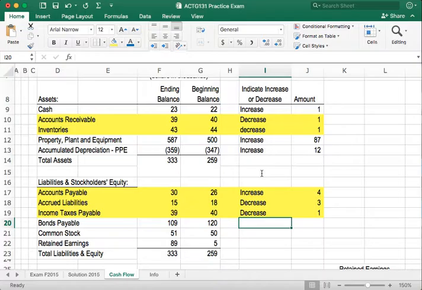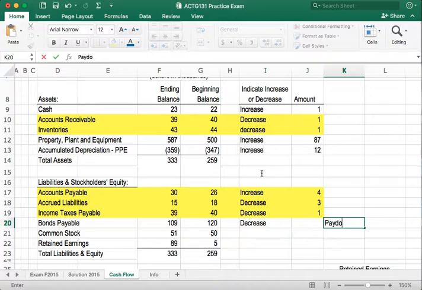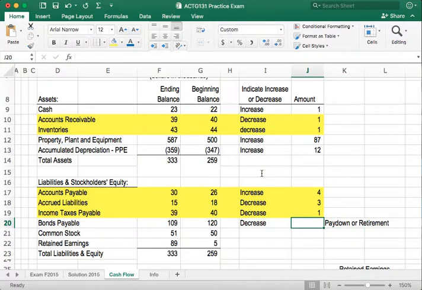They're moving from 120 to 109. That's a decrease, also known as a pay down or retirement of the bonds. And the difference between these two, 120 less 109, is 11.